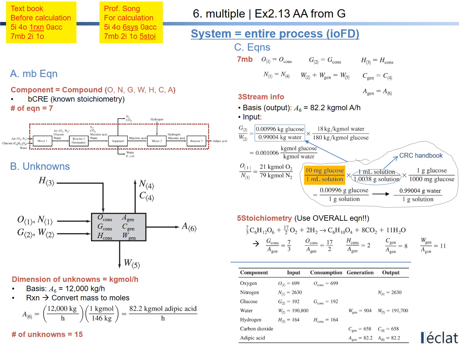So at the very first trial, I'd like to take the whole system, the entire process, as a single unit. So I have a big box, and it's a kind of input-output flow diagram. In this case, let me count the number of material balance equations and unknowns.